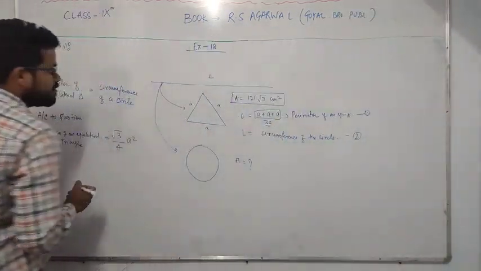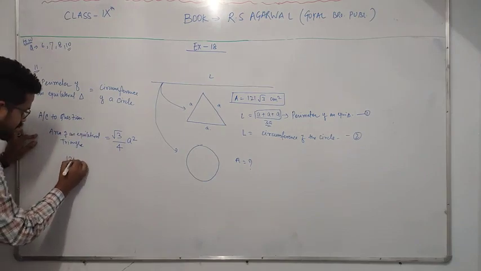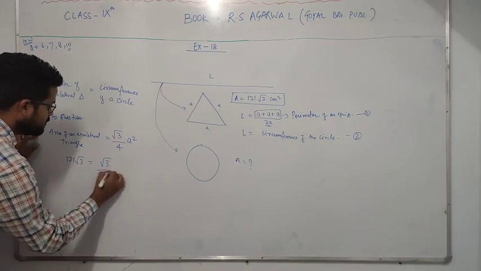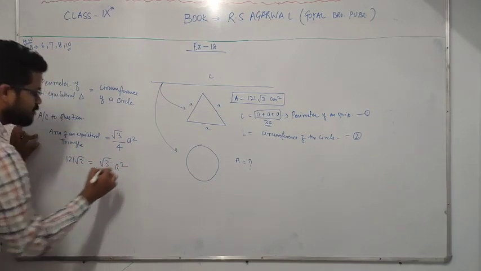So 121 root 3 is equal to root 3 by 4 A square.